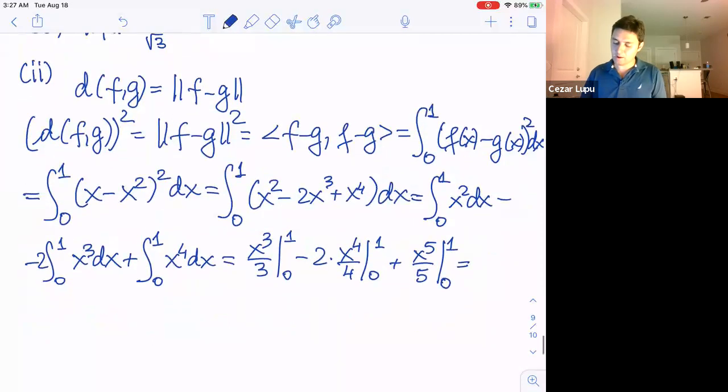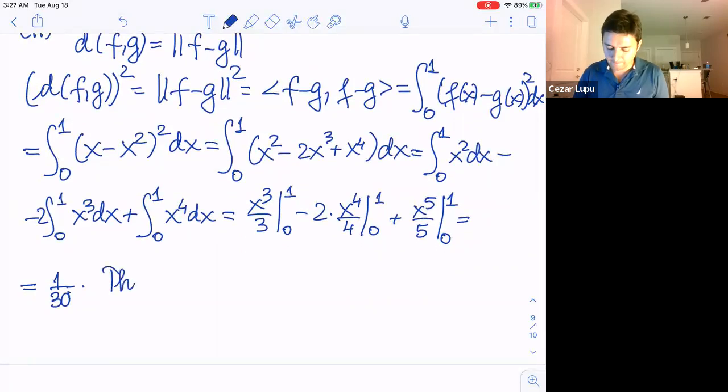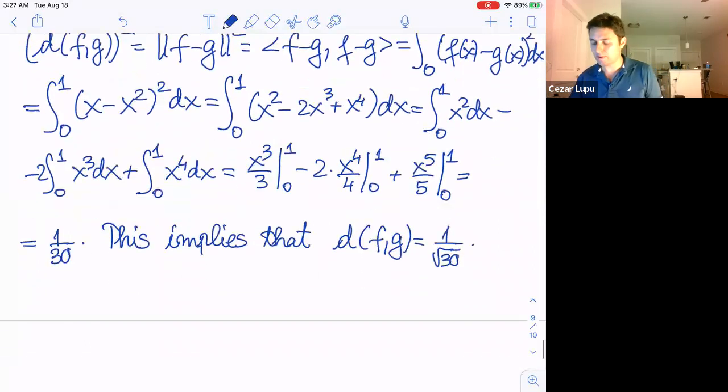All this gives us 1 over 30. Since we computed the square of the distance, this implies that the distance between f and g is 1 over the square root of 30. And that's it.